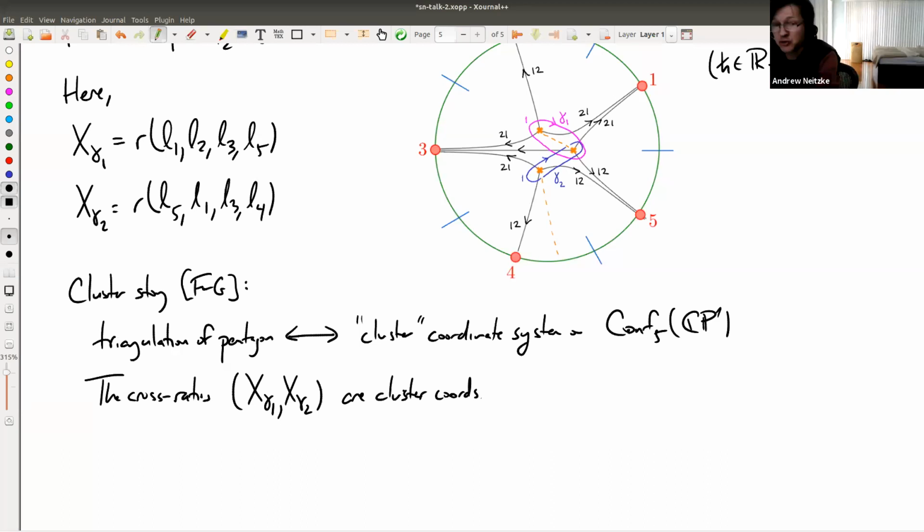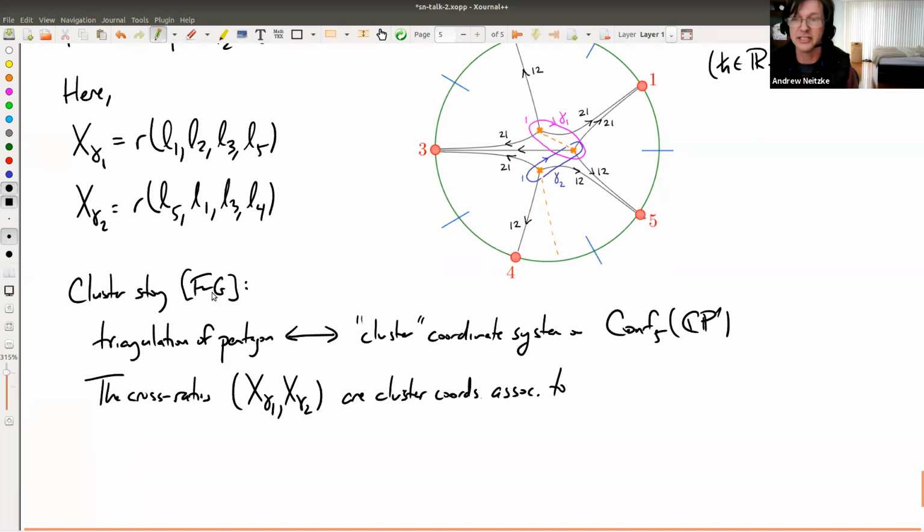But for this story that I'm telling about the opers, it doesn't naturally land in that part. It lands in the complex part, and certainly Fock-Goncharov also talked about the complex version. So these x gamma 1, x gamma 2 are cluster coordinates associated to a particular triangulation, and that triangulation is this one.